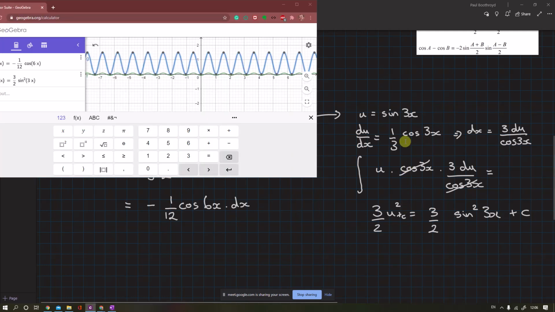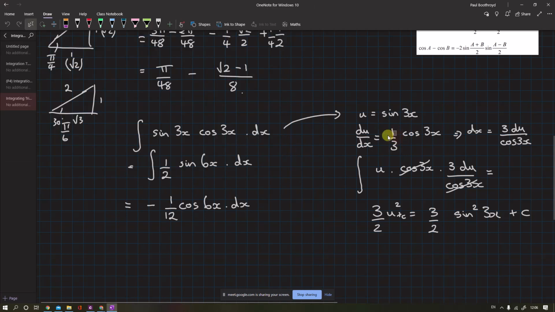Who spotted the mistake? I did the pattern for integration wrong here. I should be dividing by 3 throughout. So let's just take those out. And so this becomes sine squared 3x, differentiating, the 3 comes out.